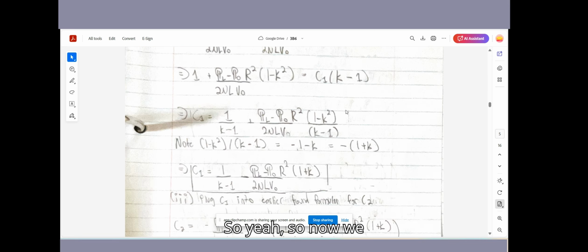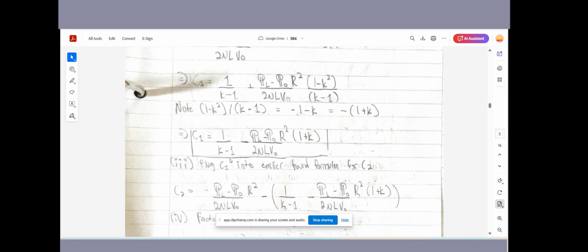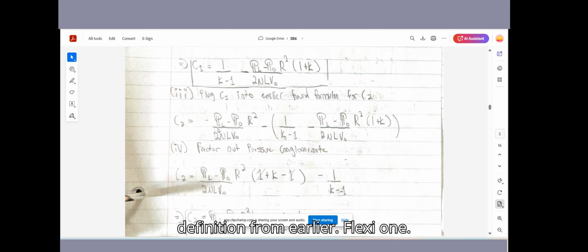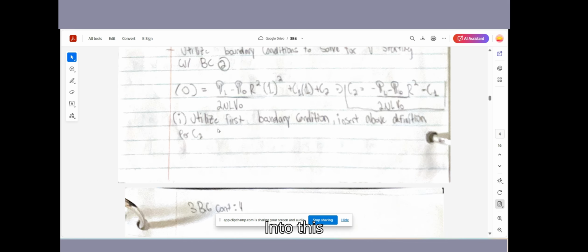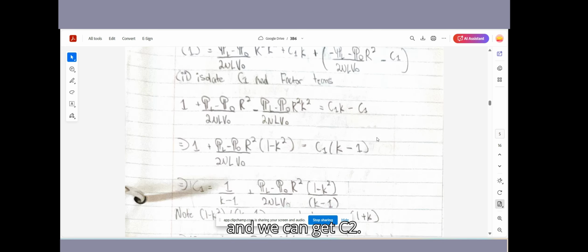So now we divide by k minus 1 to isolate C1, and we get this, and with some simplification with algebra, that simplifies this term here. Does that make sense? Then I pull out this positive, which goes to a negative because this is a negative here. Then we plug C1 into the definition from earlier, and we can get C2.